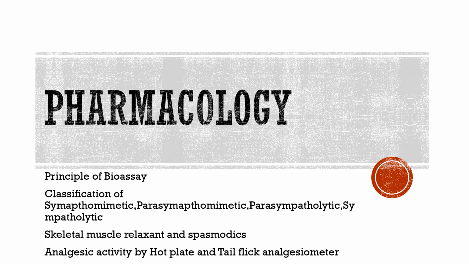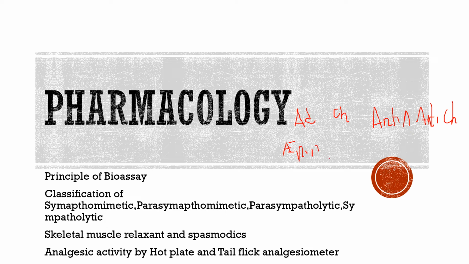Next is the classification of parasympathomimetics, sympathomimetics, parasympatholytics, and sympatholytics. This we have already done in the previous semester. Just take the example of adrenergic, cholinergic, antiadrenergic, anticholinergic. Suppose we take examples of drugs as well, so we can understand better. Let's take epinephrine or adrenaline as an adrenergic drug.